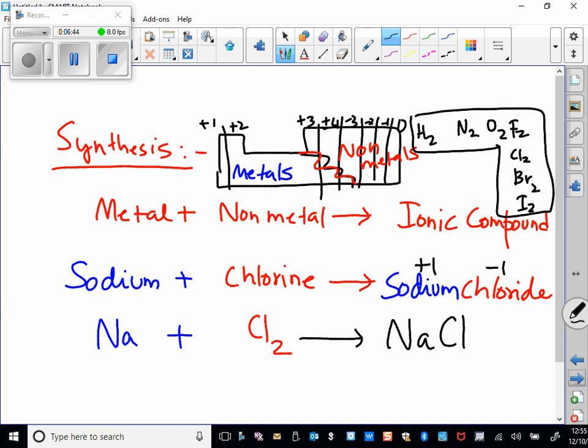Is that right? But then the chlorine is a 2. How am I going to take care of that? By balancing the equation. Are we good? Are we good about a synthesis reaction? Sure. So, do you want to try the next one?